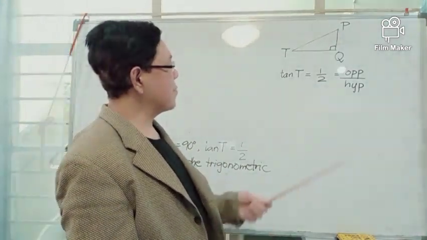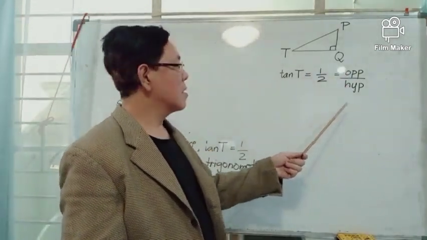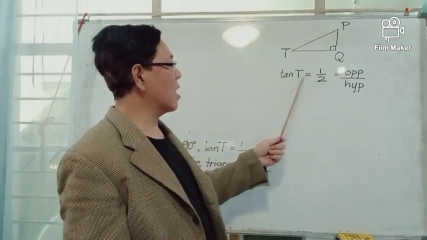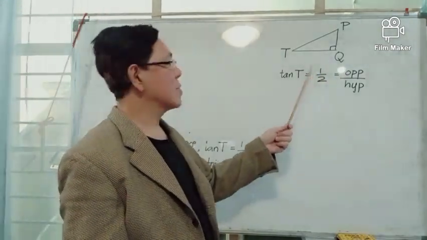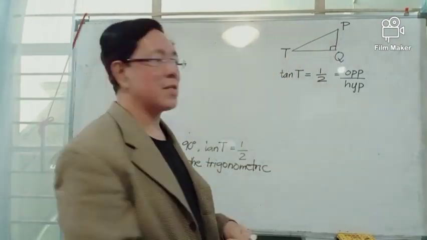And this implies 1 over 2 equals opposite over adjacent. This implies that the opposite side, the side opposite angle T is 1. The side opposite the acute angle T we denote by small letter t.